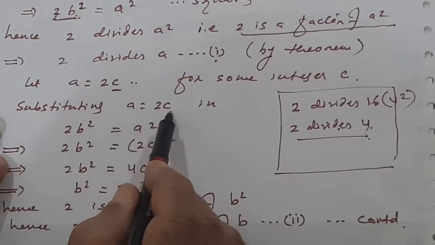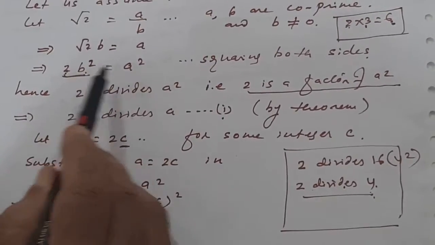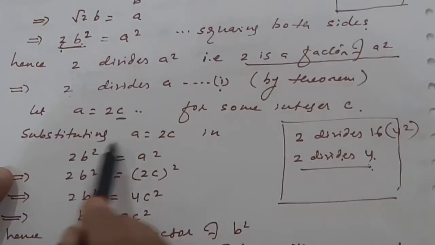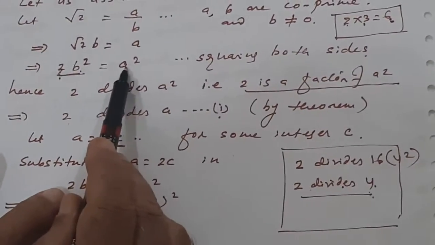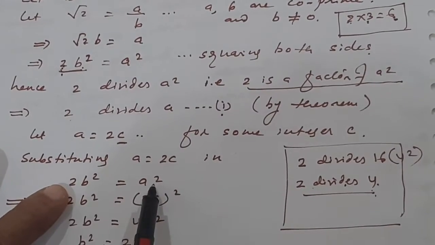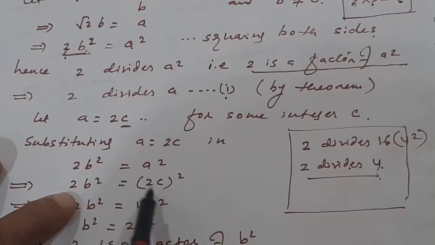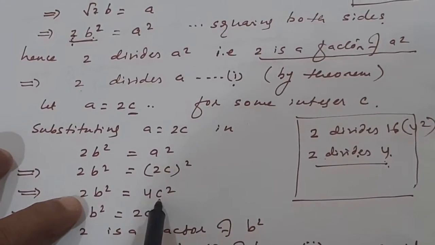Now a is equal to 2c, we will substitute in the earlier equation. Substituting a is equal to 2c in 2b square is equal to a square, replace a by 2c. So 2b square is equal to 2c square, that is 4c square.